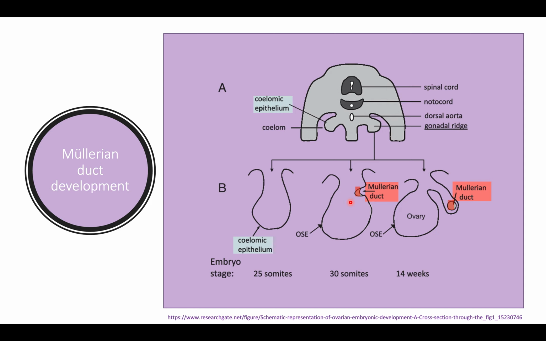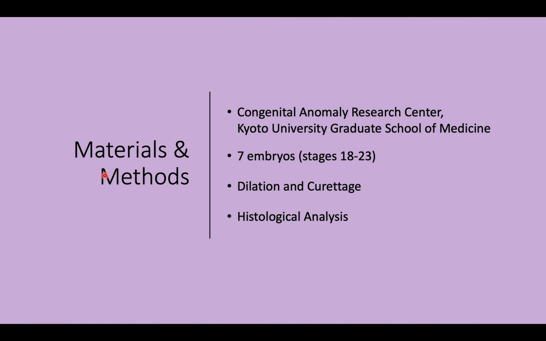Okay, this study was done at the Congenital Anomaly Research Center at Kyoto University Graduate School of Medicine. They obtained 7 embryos from apparently normal pregnancies that were terminated via a dilation and curettage, or D&C, procedure between stages 18 and 23.